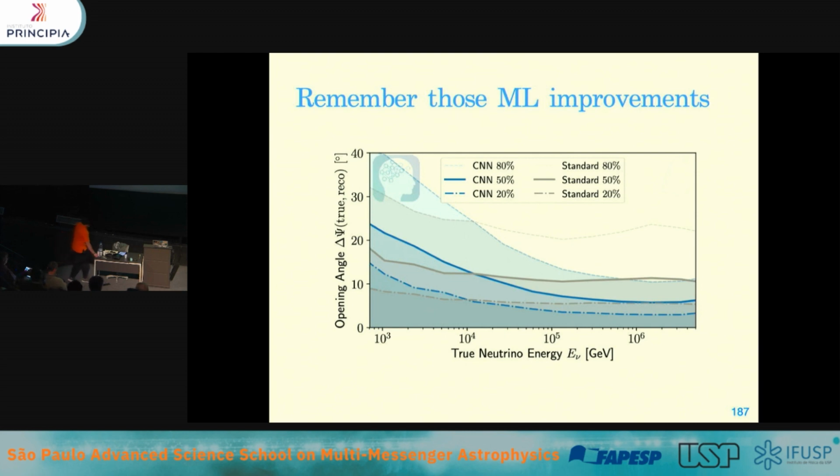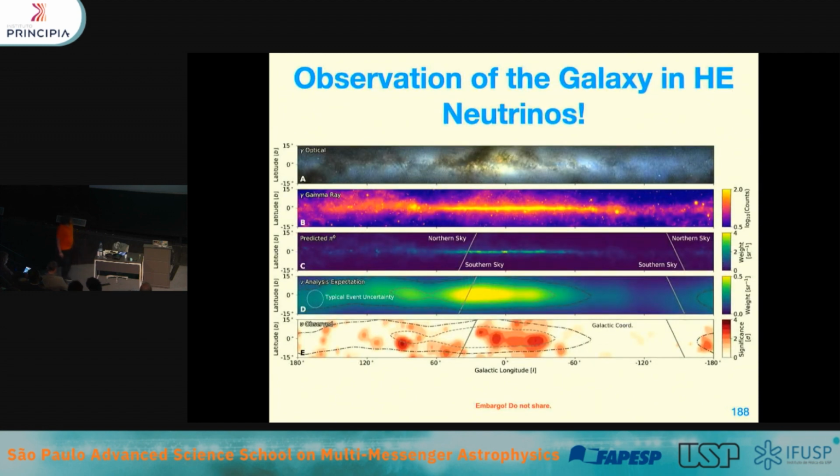Continuing with the galaxy, before you talked about sources that are optically thick to gamma rays. Could you expect something for the galaxy? Are there regions in the galaxy that would be optically thick to photons, where you could look for an anti-correlation between neutrinos and photons? My understanding is that what we're seeing here is cosmic rays hitting gas in the galaxy, so it's emission from gas. There are also sources that emit gammas in our galaxy. Those are unresolved sources, and they could have opacity in those environments.